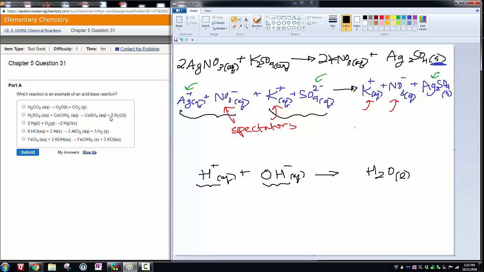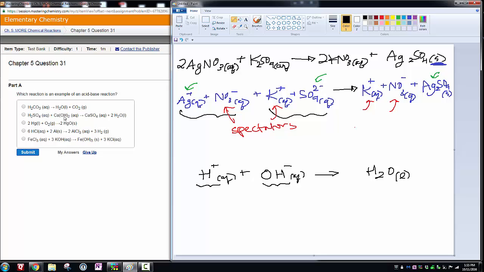So now we have to say, okay, which of these top two reactions does it appear that I've got some sort of aqueous hydrogen reacting with an aqueous hydroxide? That wouldn't be the case here because I only have one thing here. This is a decomposition reaction. But here you can see the H2SO4, as an ionic compound, splits up and would donate H plus ions in solution.